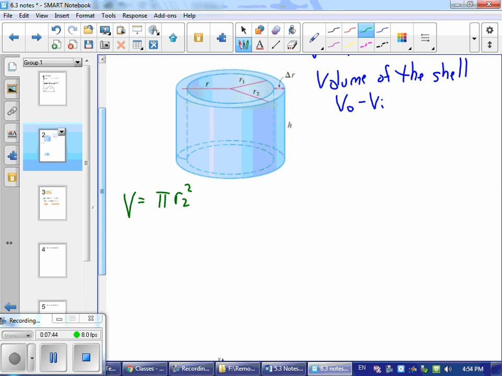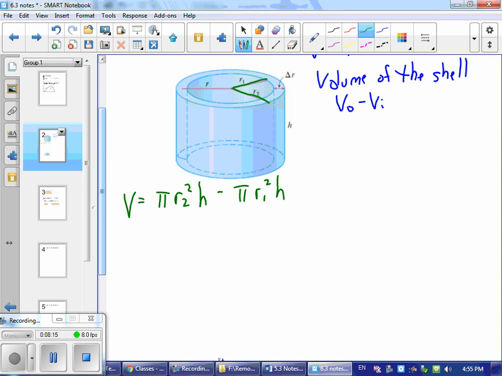As you can see here, the outer radius goes all the way to the outside, so that's your r for the outside piece, times its height, which is going to be the same for both of them, minus pi r squared of the inside one, which is r1, or r sub 1. There's the inside radius right there, and then times h.